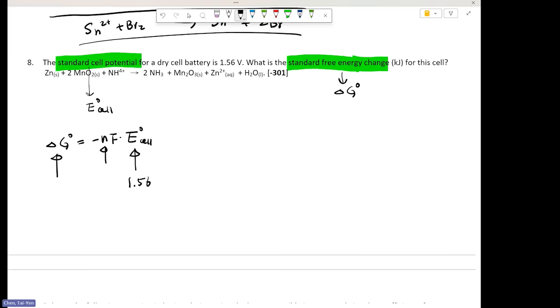So what is n though? In order to know the n, you need to look into the equation and find out who is your anode, who is your cathode. So zinc, what's the oxidation number of zinc solid? 0, right? How about Mn? 4+. Okay, you need to get faster. N, sorry, this NH4+. -3, good.